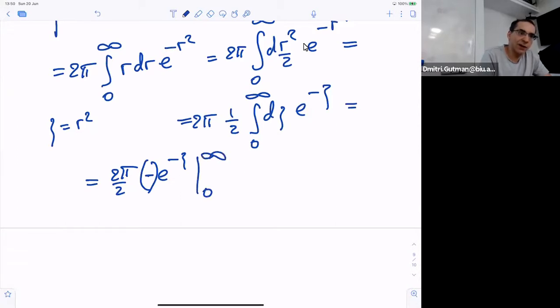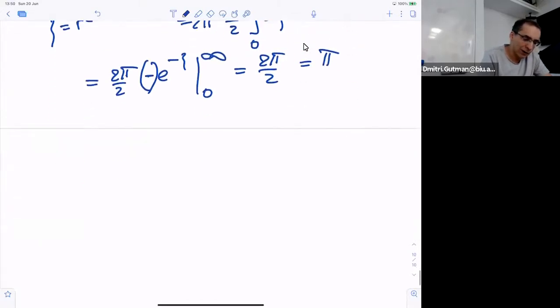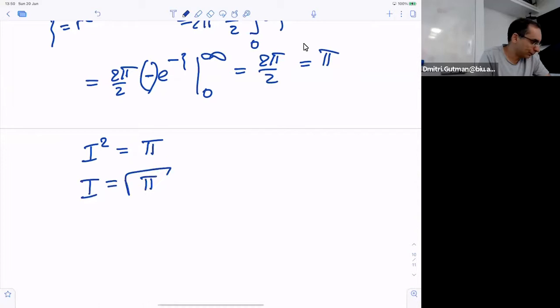At infinity it vanishes. So we are having 2 pi over 2 and the value of this at 0, which is just 1. So we end up with pi. Therefore, I squared is equal to pi, and therefore I is equal to the square root of pi.